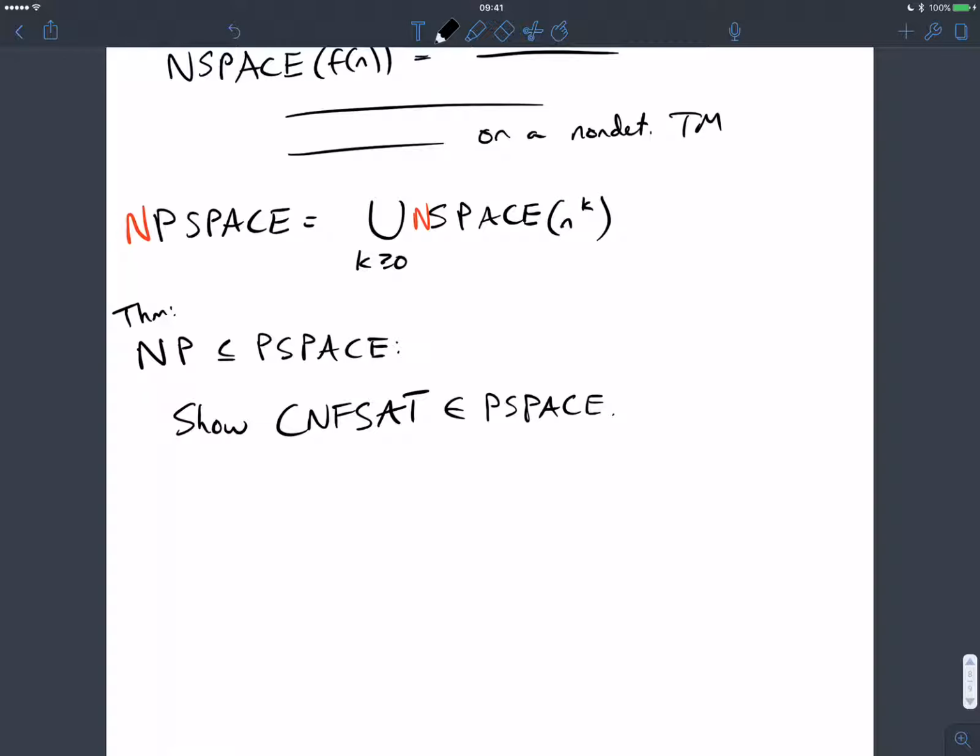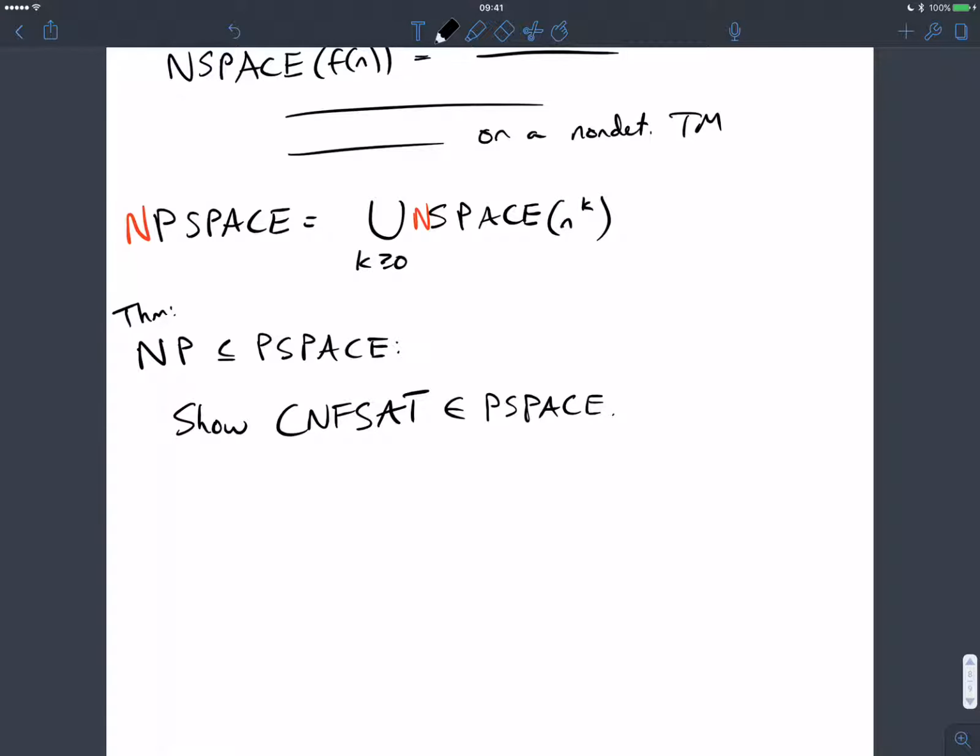Is there an idea we can try, though? Here's one. Write one assignment down and check if it satisfies. If it doesn't, erase it, then write down the next one. If it doesn't work, erase it, and keep going through all the other assignments. Will I use more than polynomial space that way?